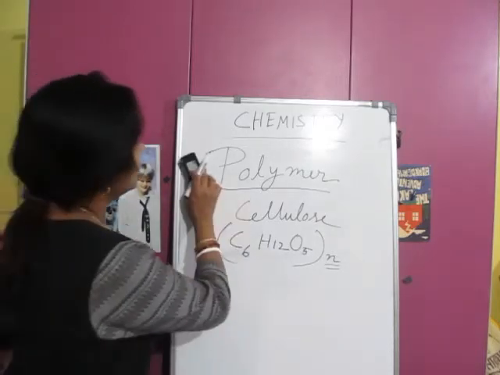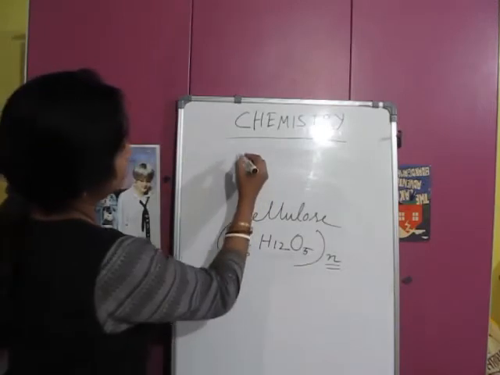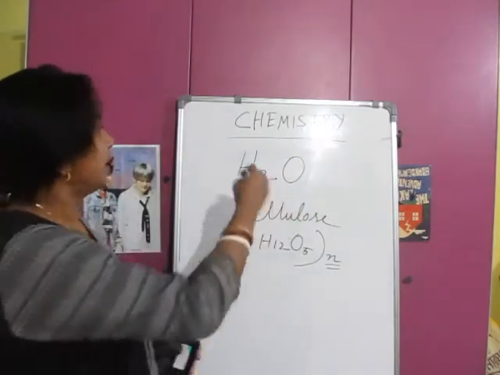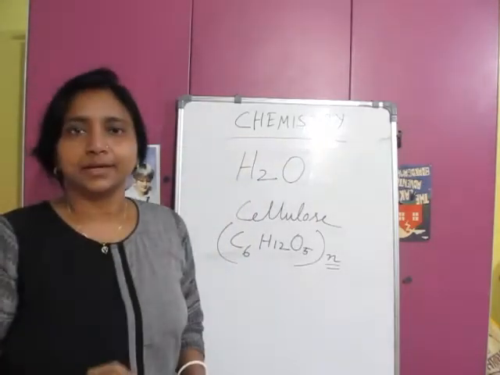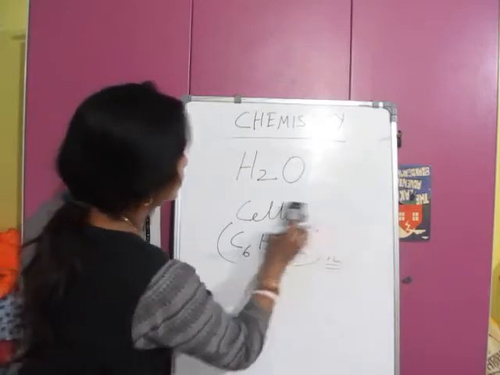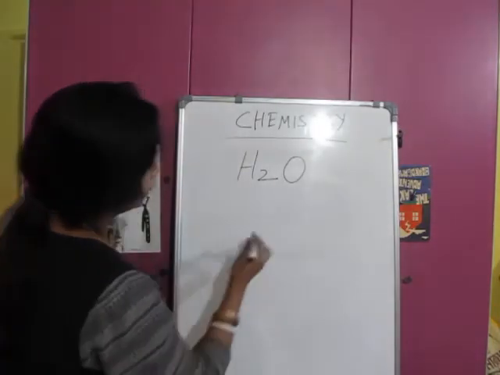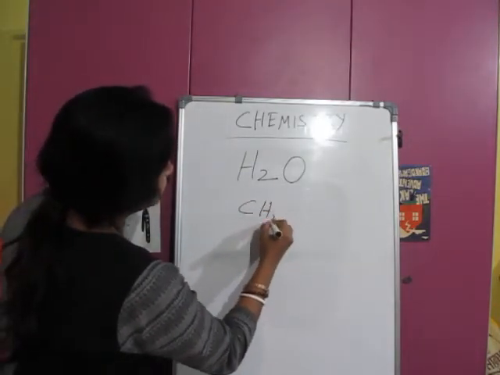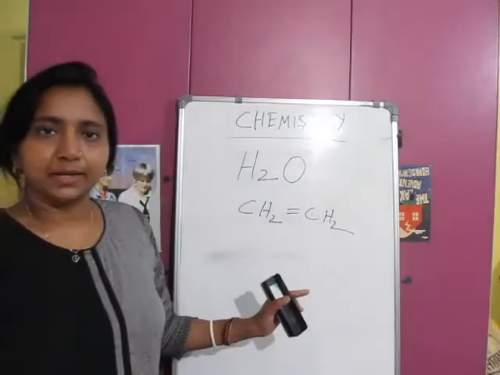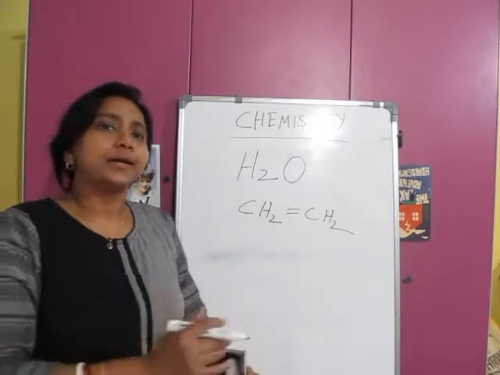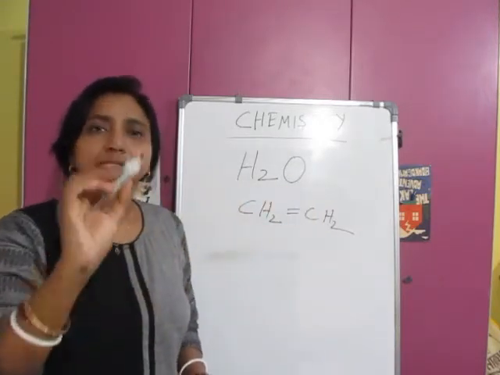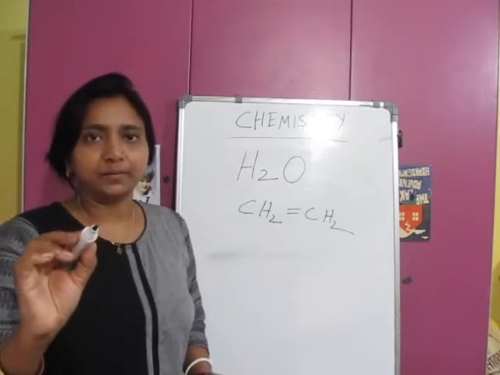Like, if I write water, H2O, I am not writing H2O whole N, that is a single molecule. If I write ethylene, CH2 double bond CH2, I am not writing the whole N. So it is a single molecule.